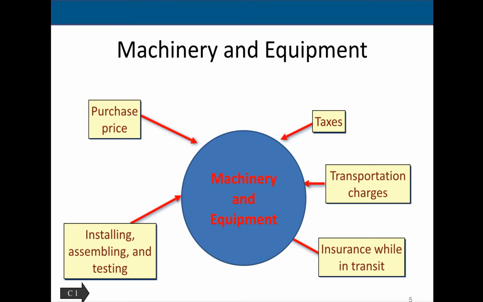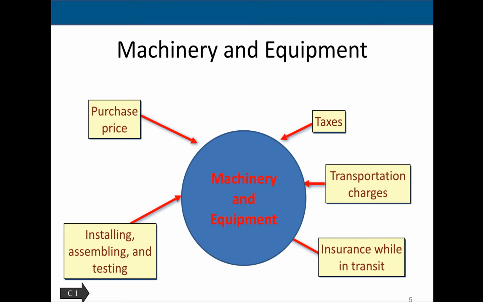For a business, you may have an account called machinery and equipment. Okay? When you're buying machinery and equipment, not only does the initial purchase price go into that account, but also all of these other items that are necessary to bring the asset to whatever condition it needs to be in to be used.